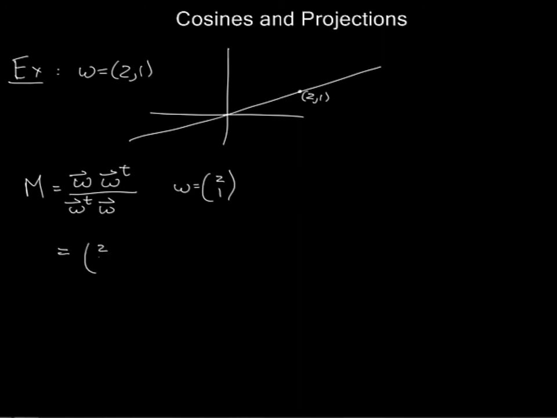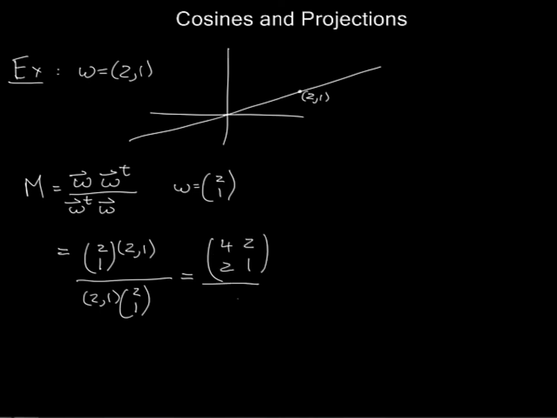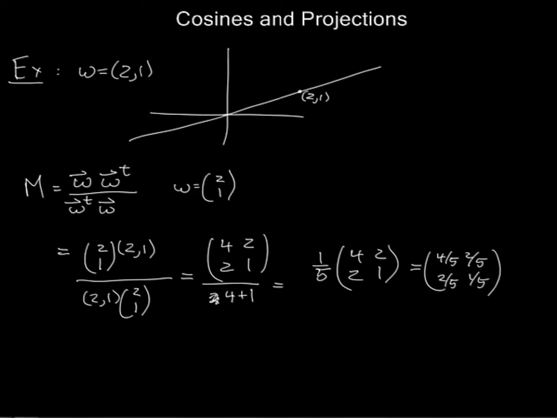So what you get is the column vector (2, 1) times the row vector (2, 1) over the row vector (2, 1) times the column vector (2, 1). The numerator becomes [[4, 2], [2, 1]], and the denominator is 5. So we're getting 1/5 times this matrix, and notice the matrix is symmetric. You can also bring the 1/5 in if you want. That's the matrix of this projection.